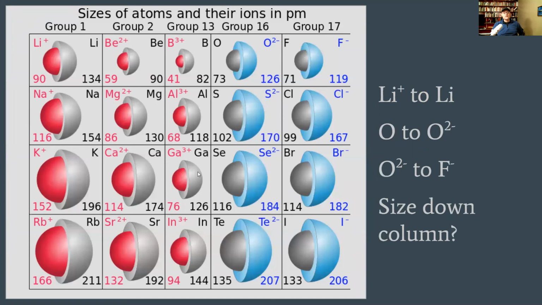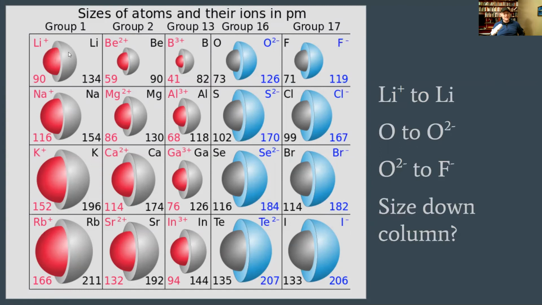All right, so this diagram has a whole lot to absorb to it. You don't have to worry about copying it down, but at this point what we're really doing is talking about some of the conceptual ideas that you might be asked in essay questions on the College Board exam, or for that matter on my test. Let's compare lithium ion to lithium, the lithium as an atom. You'll notice that the lithium ion ends up being smaller than the lithium atom.